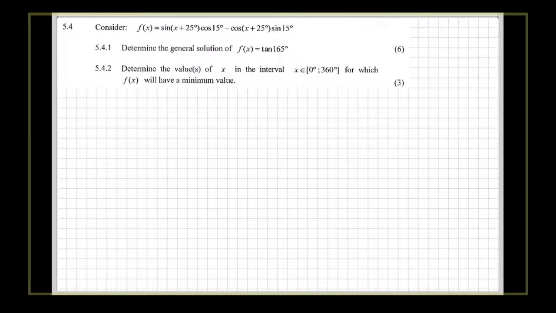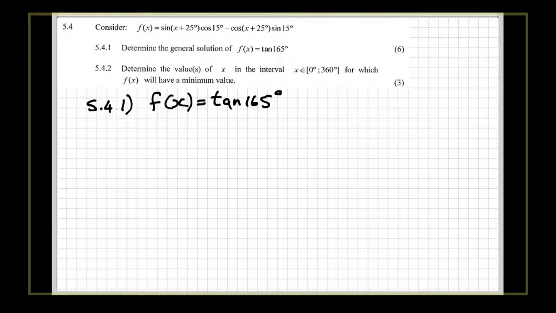The first question is: determine the general solution of f(x) = tan 165°. Looking at 5.4.1, I'm going to start off by making f(x) equal to tan 165°. But I don't want to work with something as complicated as that big expression for f(x).